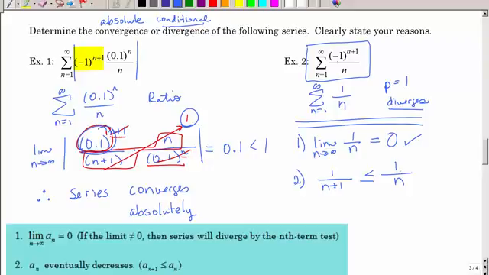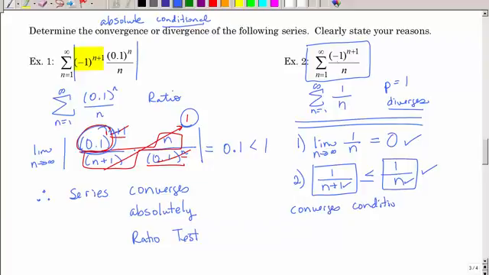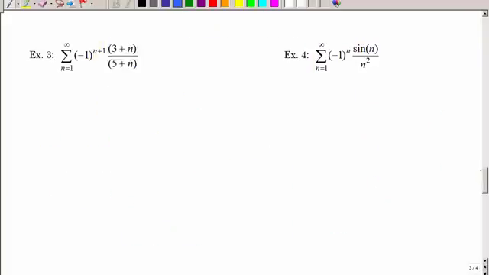Is that true? Yes, it is. This denominator is bigger than that, so that means this fraction is smaller than this fraction. So that's true. So that means it converges conditionally by the alternating series test. Why conditionally? Because the absolute value diverged. That's the only reason.